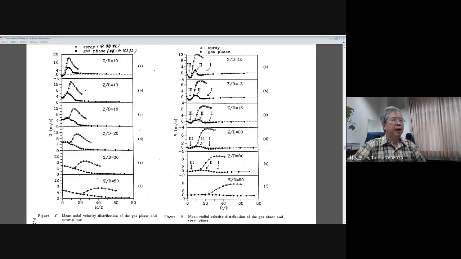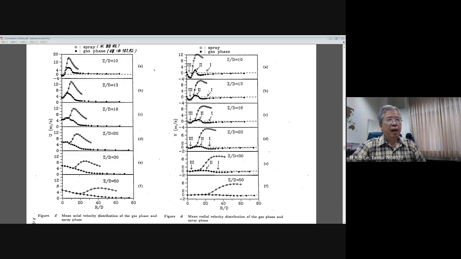But there is a big difference along the spray sheet. At the spray boundary, the water droplets have a bigger size compared with the gas phase, and they have a strong axial momentum. Therefore, the axial velocity is much higher than the gas velocities. This behavior extends continuously to further radial distances.